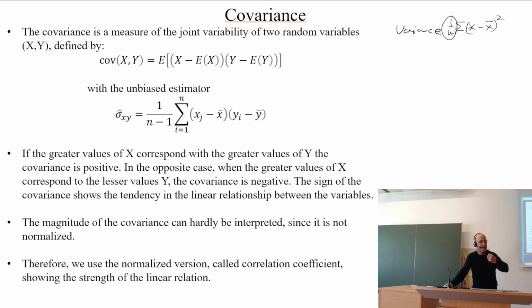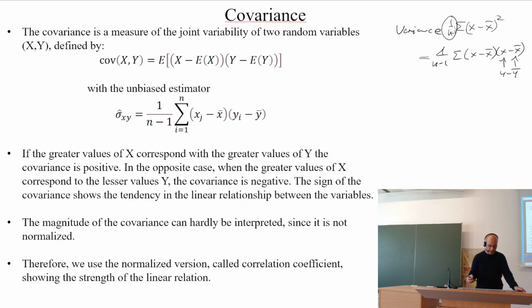Well, and then I can introduce this concept also in the two-dimensional case, because this is nothing else than 1 over n minus 1 times the sum of x minus x bar times x minus x bar. And what I'm just doing now is to write in here y minus y bar. And then, of course, I have somehow a measure of the dependence between these two variables.